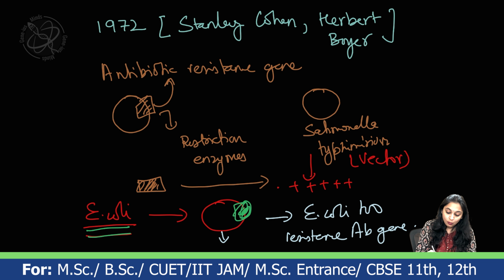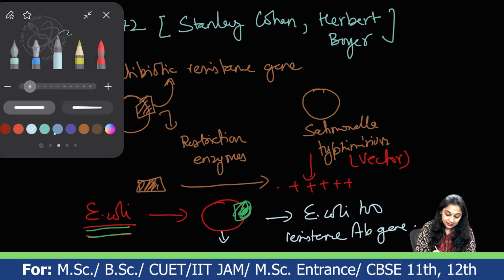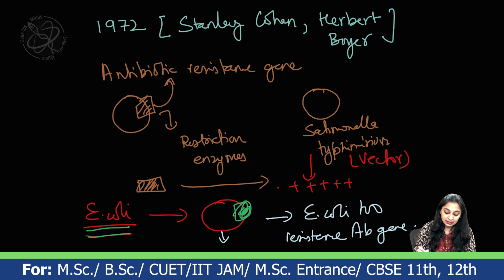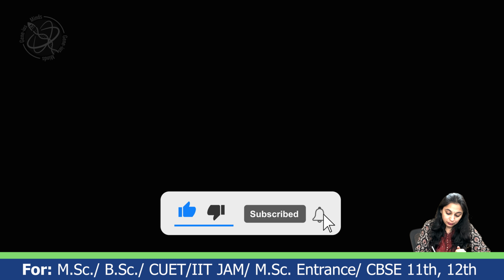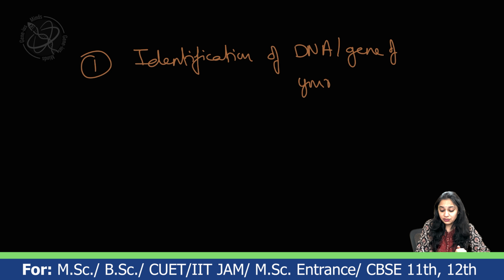So, just an overview: there are three basic things required in rDNA biotechnology or the construction of an rDNA molecule. The first one is identification of DNA or gene of your choice. Which gene do you want to select and incorporate into an organism?